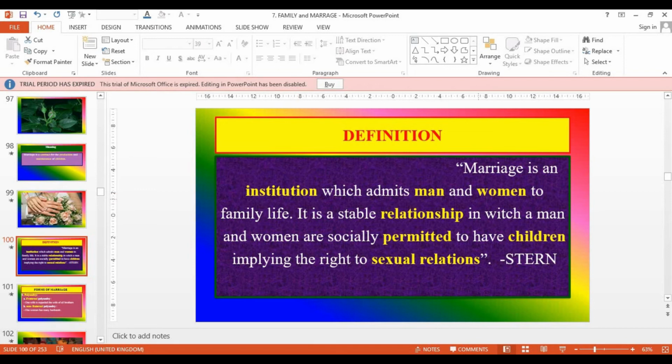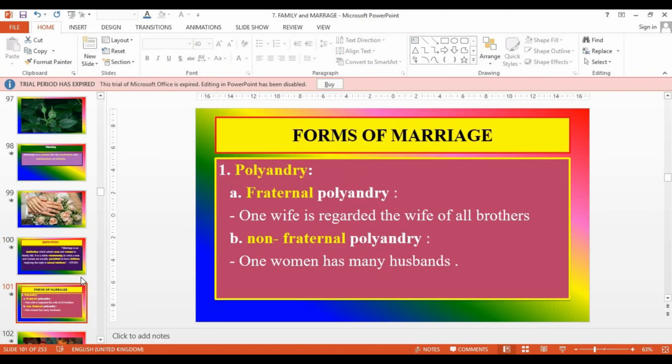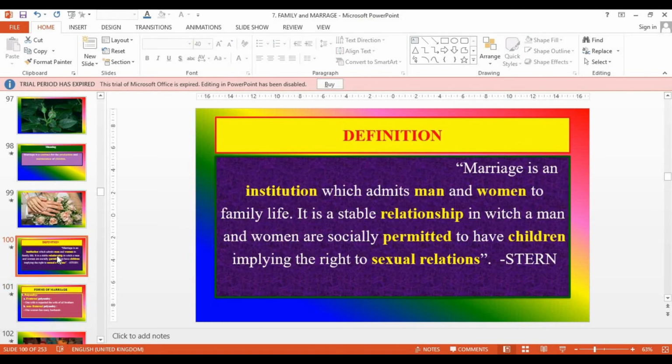It admits man and woman to family life. Stable relationship, socially permitted, have children, right to sexual relationship. Okay, these are the keywords you should keep in your mind.